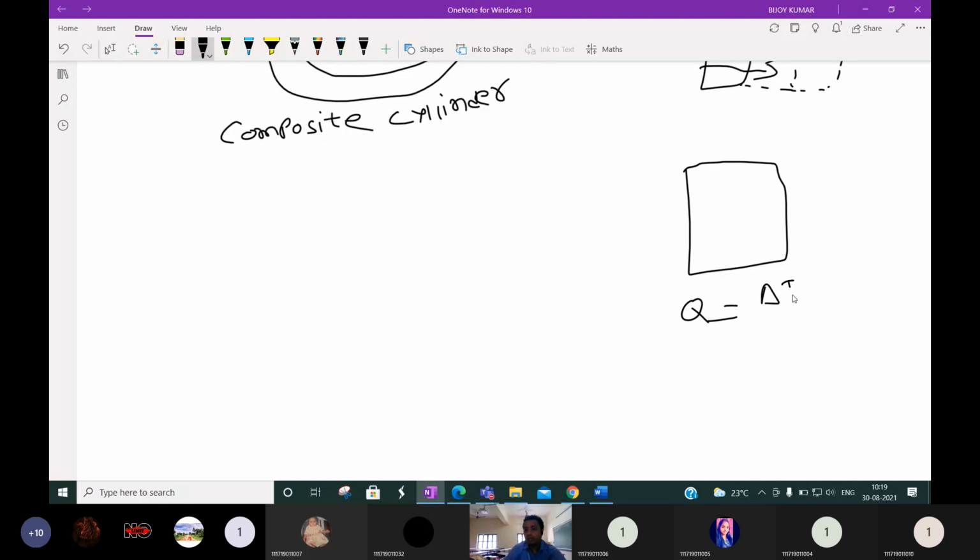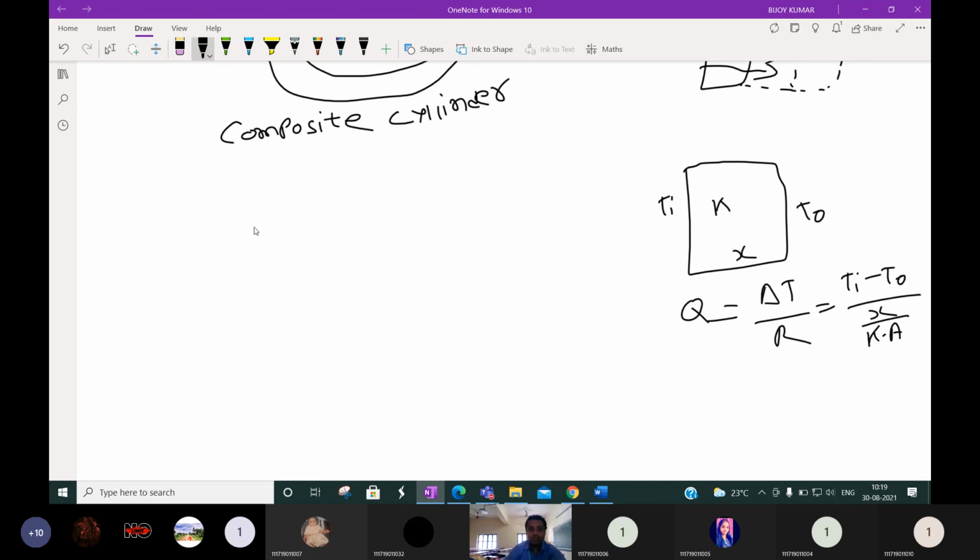It is nothing but delta T by R. Delta T is nothing but Ti minus To, and R is X by K into A, where X is thickness.